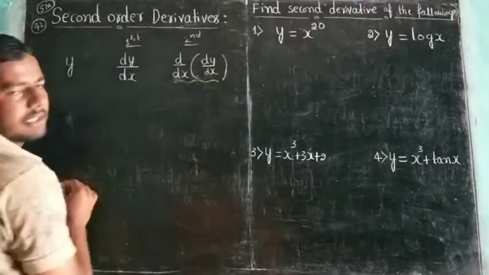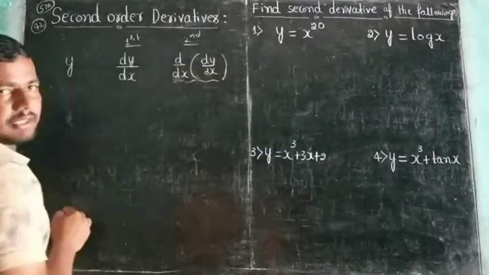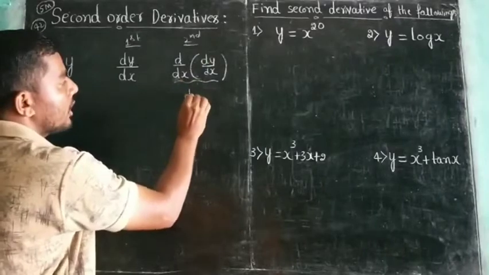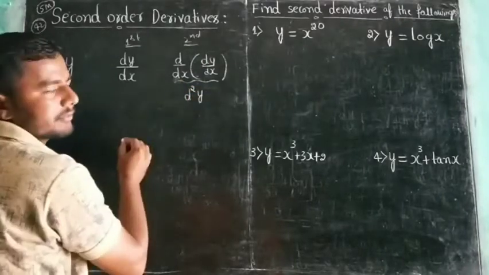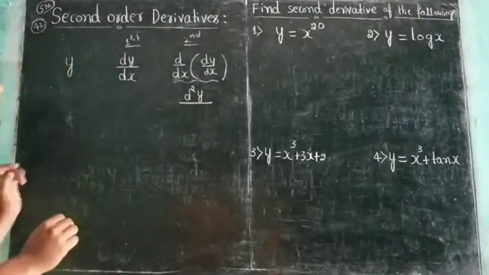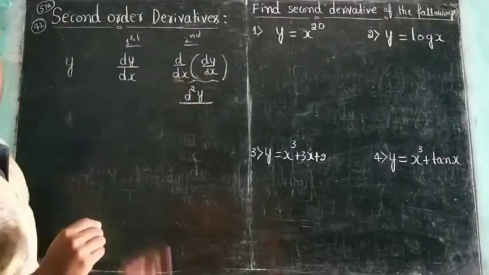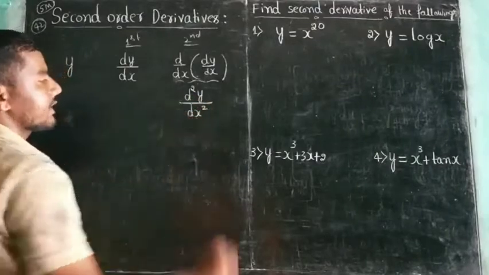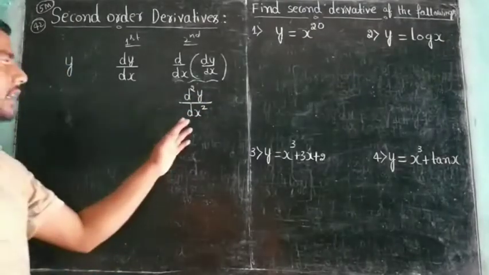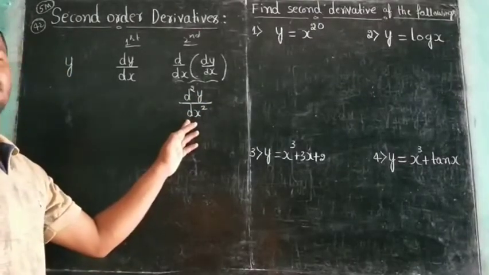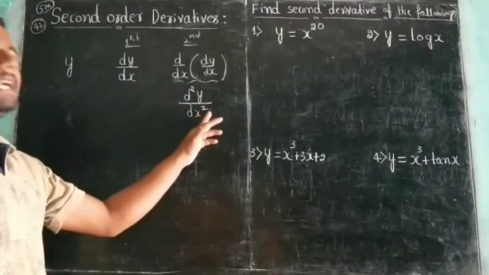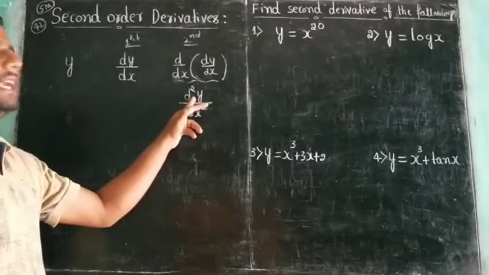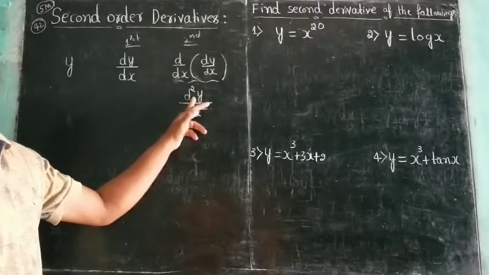What is the result? d into dy. Here d is 2 times, so d square y, divided by dx, where d is 2 times and x is 2 times, so we write dx square. d square means only d is 2 times.